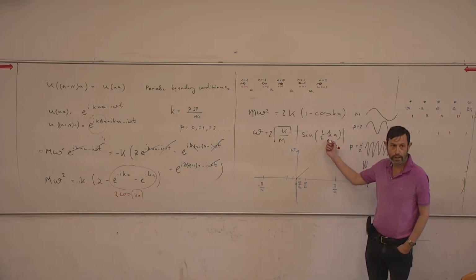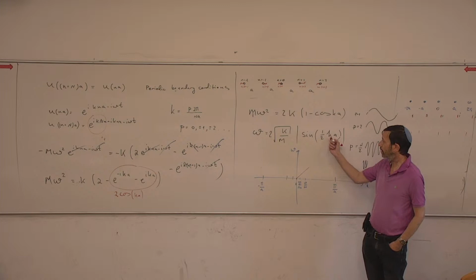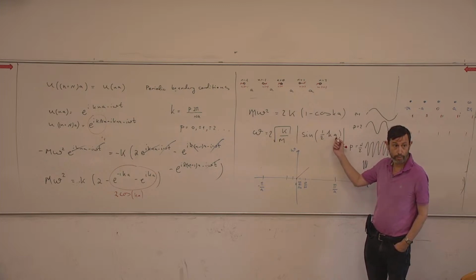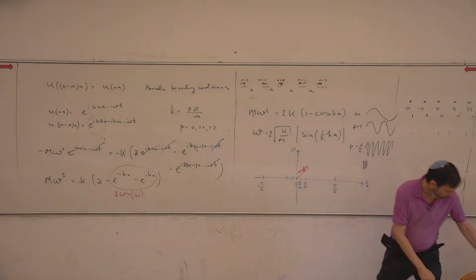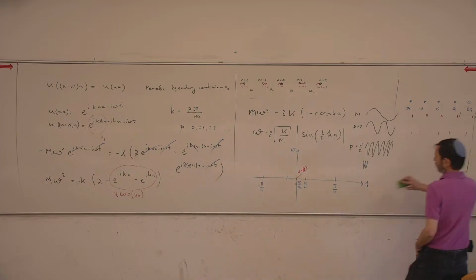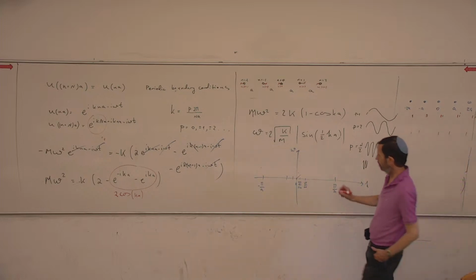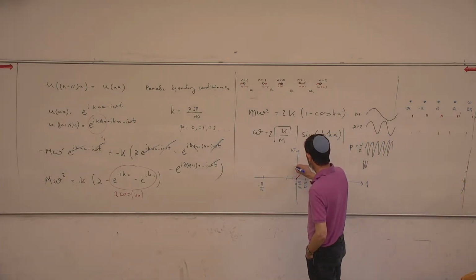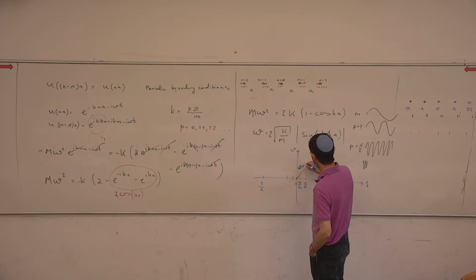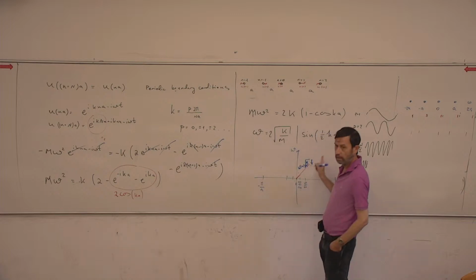At the beginning, small sinus, it's equivalent to k over a, so omega is proportional to k, linear.